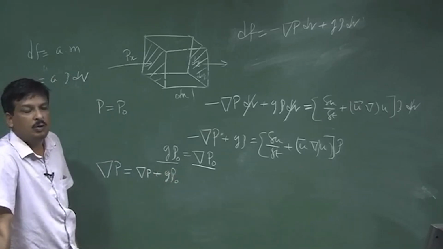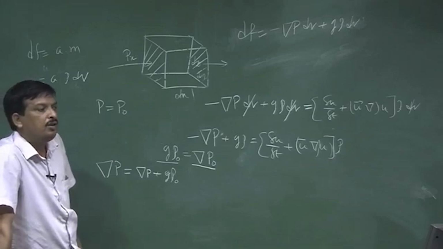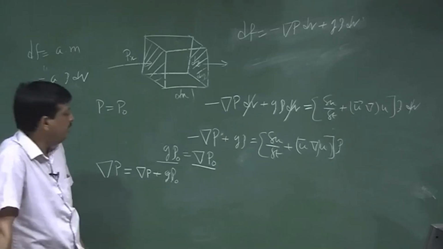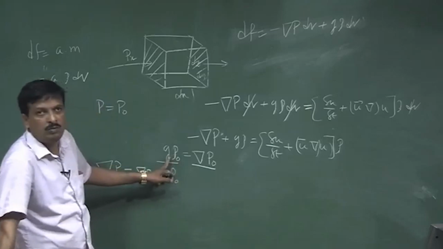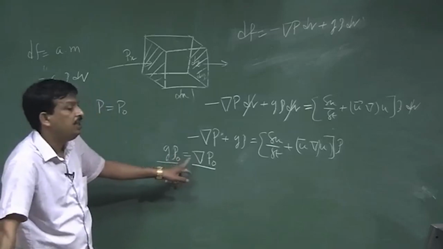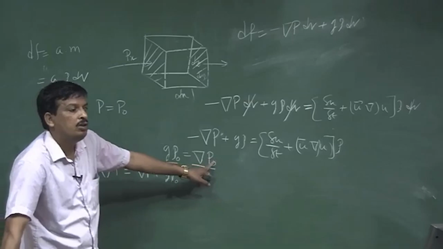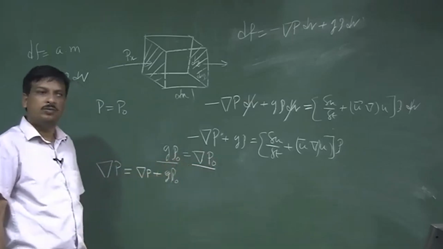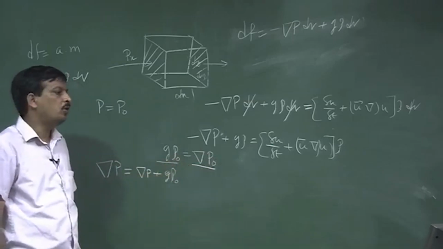When the acoustic excitation is not there, the gravitational force multiplied by the equilibrium density is equal to del P0.